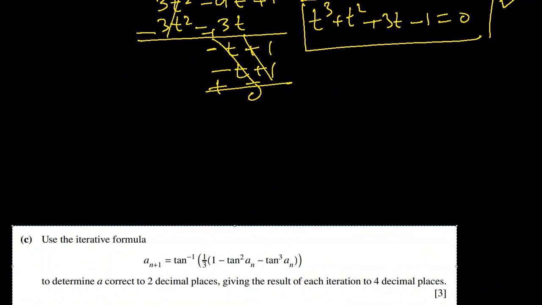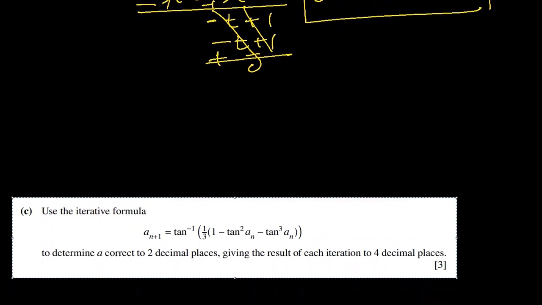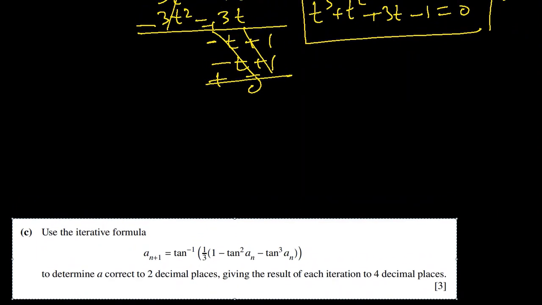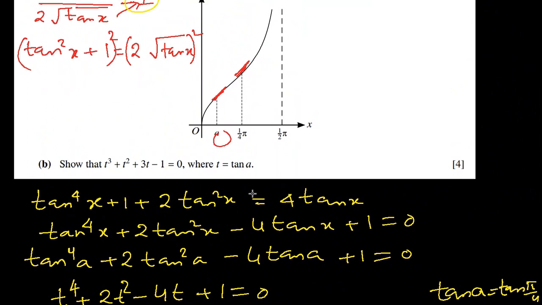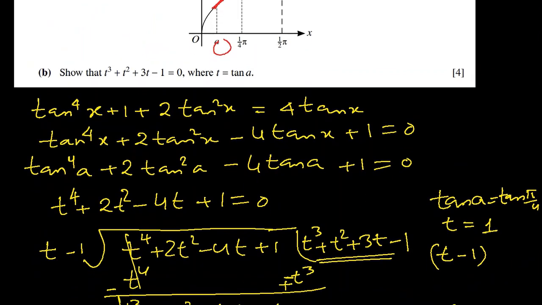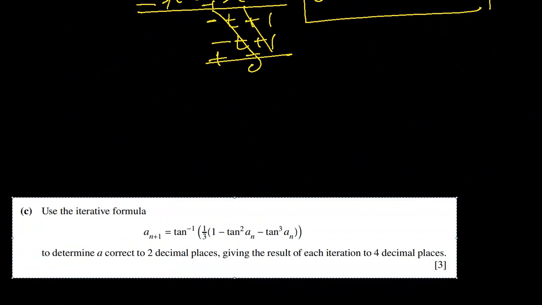And they're saying use the iterative formula to determine a correct to 2 decimal places. Okay, we need to use this iterative formula, and they have not given any starting point. So let's look at the graph and get an idea. This value is between 0 and 1 over 4 pi. Okay, so we'll find a value in the middle of 0 and 1/4 of pi.